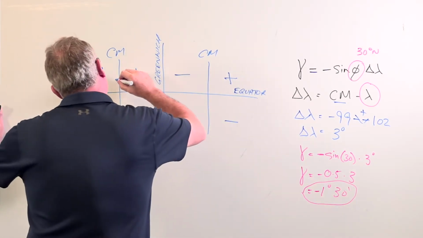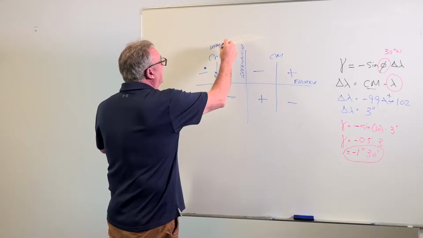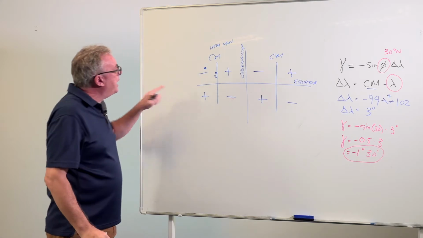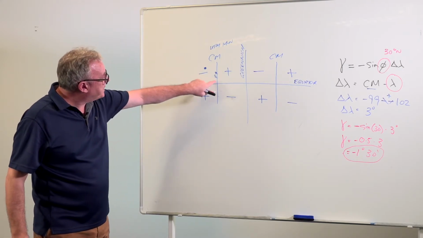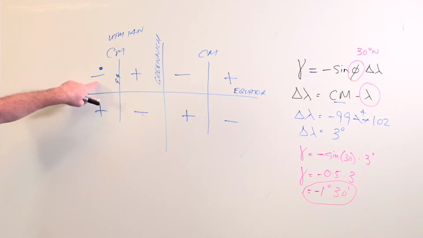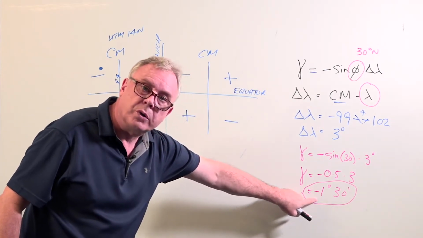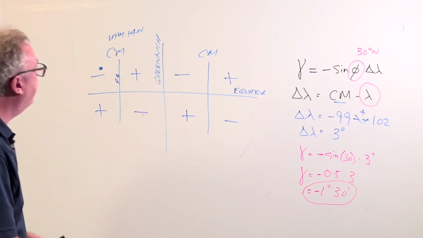My central meridian was 99 degrees for UTM zone 14. So therefore, I am going to be west of the central meridian in the Western Hemisphere. Therefore, I should end up with a grid convergence with a negative sign, which is exactly what we're showing within this expression that we've got here.